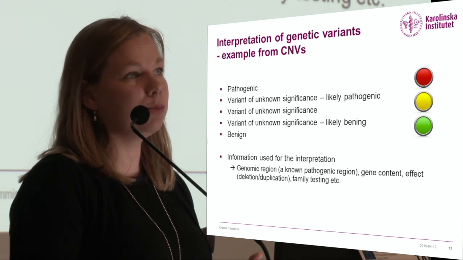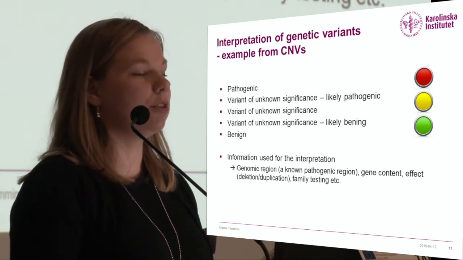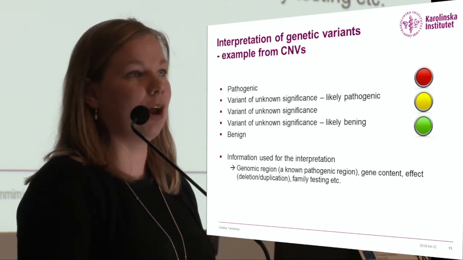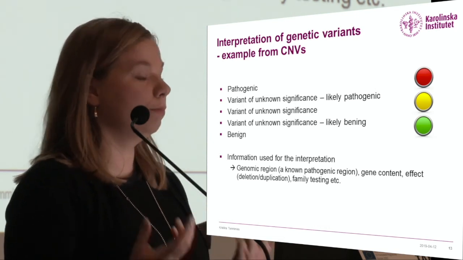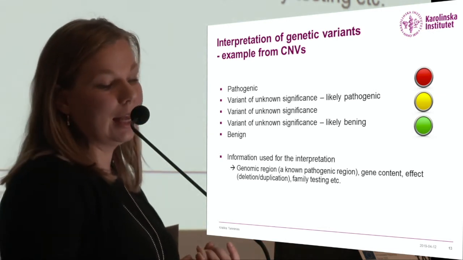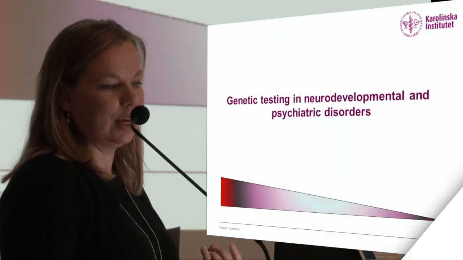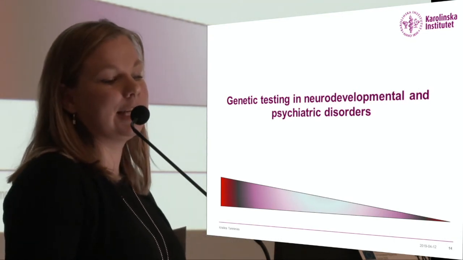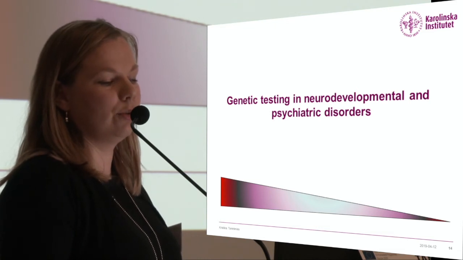For these interpretations, you need information about the genomic region, the gene content, the effects of the variants, maybe also information on family testing, and then also, of course, frequency in the population. So let's go briefly into genetic testing in neurodevelopmental and psychiatric disorders.